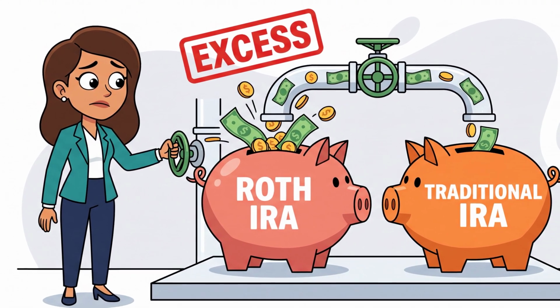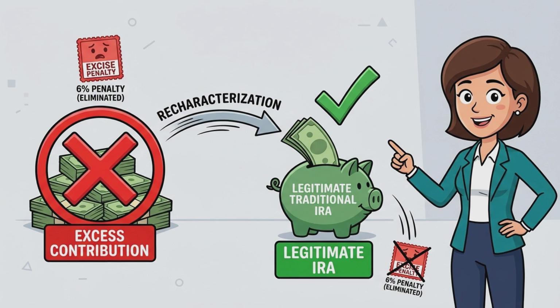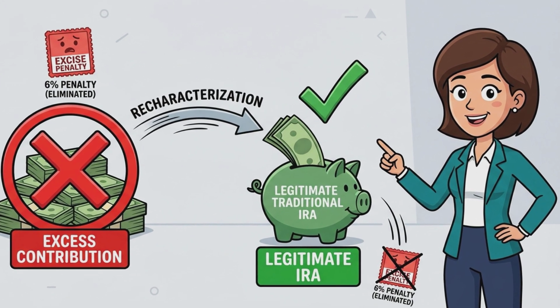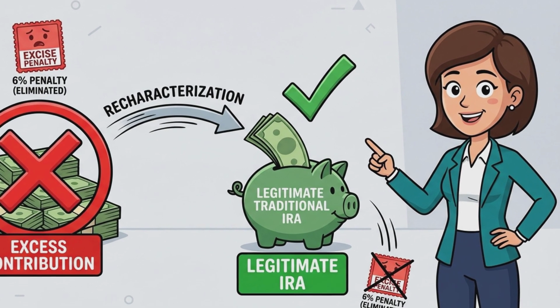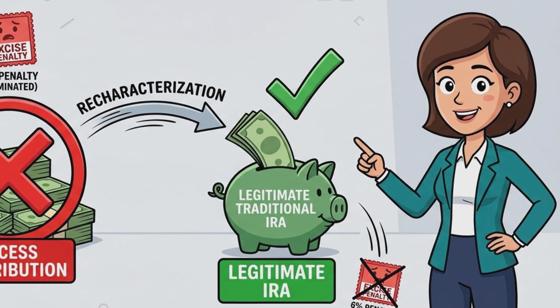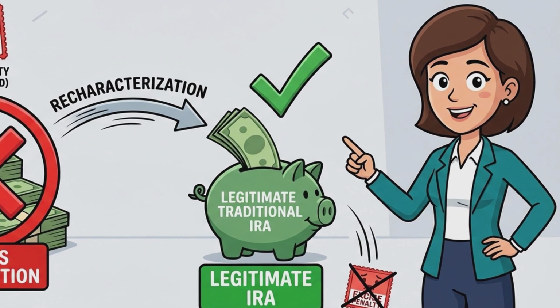Recharacterizing that contribution to a traditional IRA converts it from a prohibited excess contribution to a legitimate traditional IRA contribution, eliminating the 6% excise penalty.